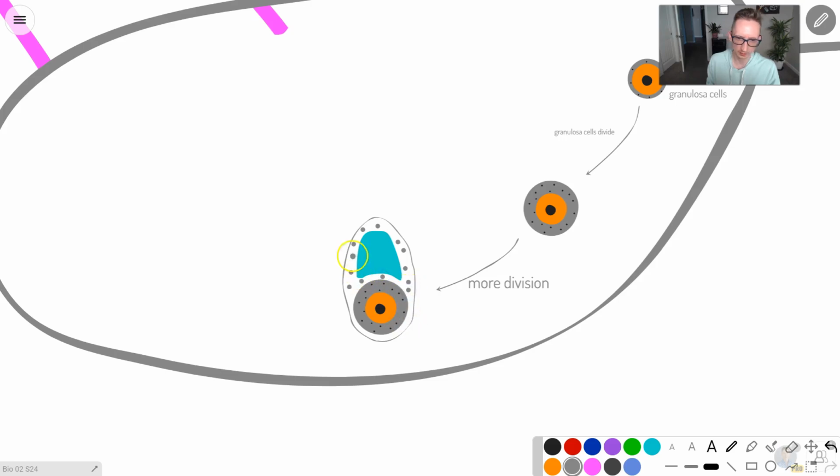Looks pretty cool. This whole thing is the follicle, and this is the follicular fluid. It's got a lot of goodies in it, but estrogen is the one that I care that you know about, which is a hormone. It's like the female sex hormone. We'll talk more about that.